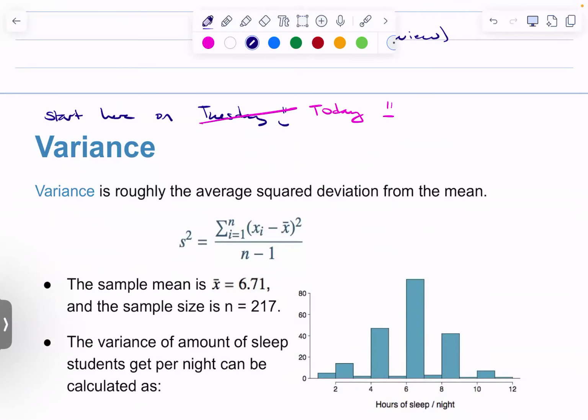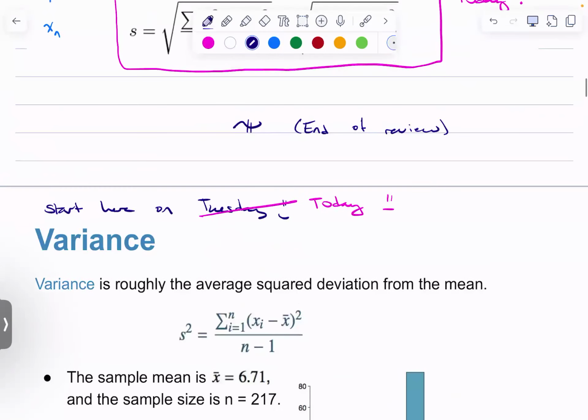One thing to note is that I've talked about the standard deviation. And one thing that I'll make a note of up here: note the variance is the standard deviation squared.